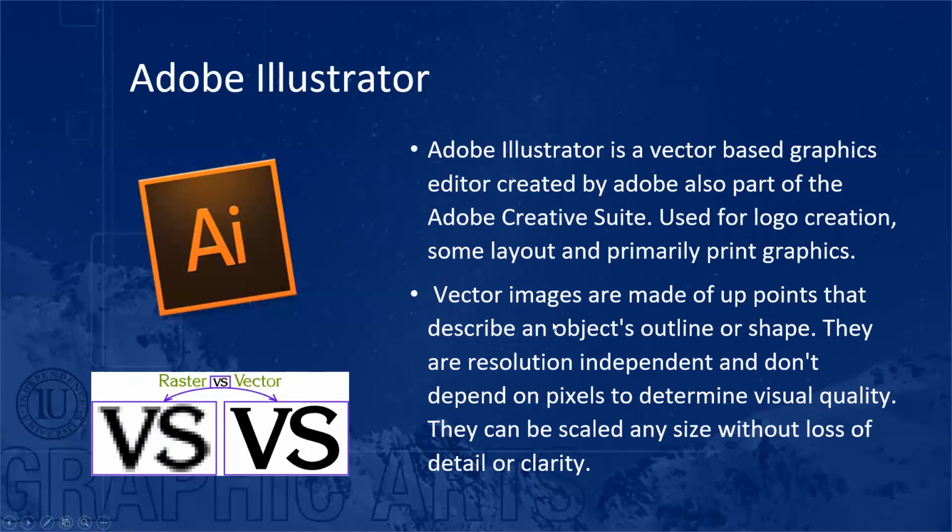It draws an object's outline or shape, and they use a mathematical algorithm to size the images. So you can size this version exponentially as large as you want, and it will not lose its quality.